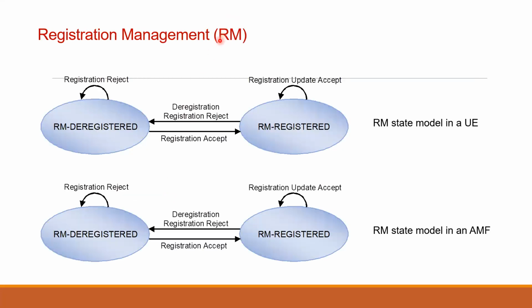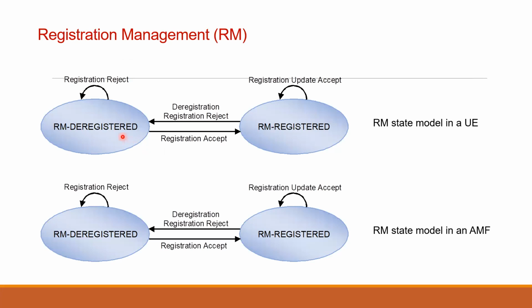Right. So the first is the mobility management state, which in 5G is called registration management (RM). Your RM state model in a UE can be in RM deregistered state, where a user has a registration rejected, or it can be in RM registered state.